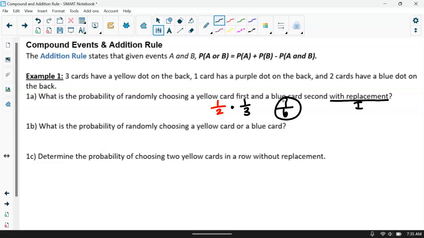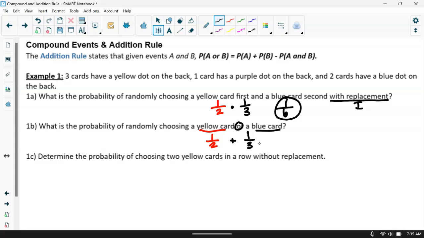What is the probability of randomly choosing a yellow card or a blue card? So now here, what is the probability of choosing the yellow card? 1/2, right? 3 out of 6. Or what is the probability of getting the blue card? 2 out of 6, or 1/3.